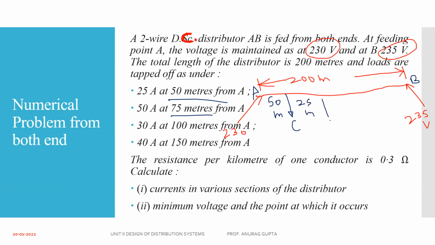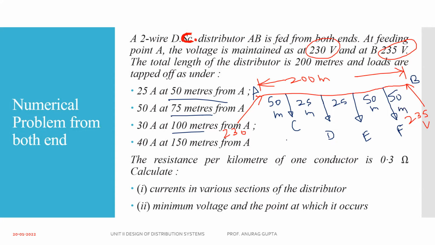We are taking the second point that is called D. Then 100 meters, so 100 minus 75, again 25 meter. That is called point E. And 150, so of course 50 meter, that point F. And what is the remaining length? 50 plus 25 plus 25, 100, plus 50 to 150, so the remaining is 50 meter.